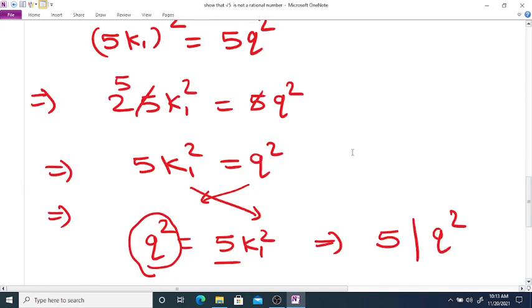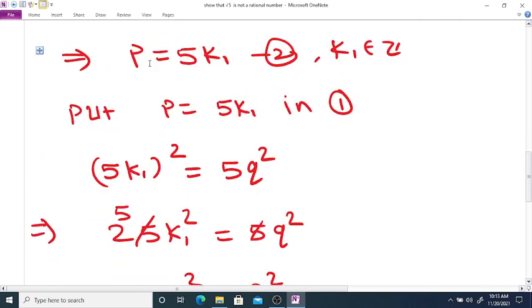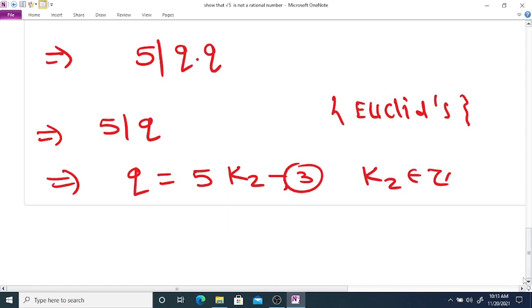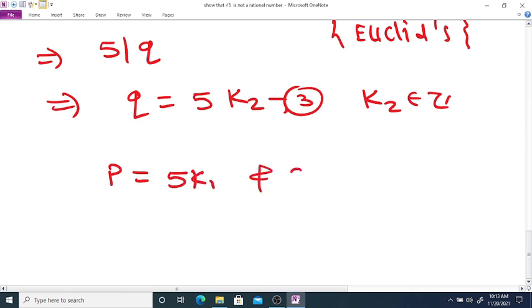Now from equation number 2, that is p is equal to 5k1, and equation number 3, q is equal to 5k2, we get a contradiction.